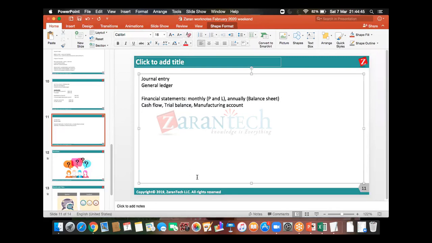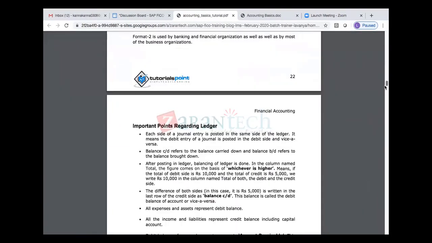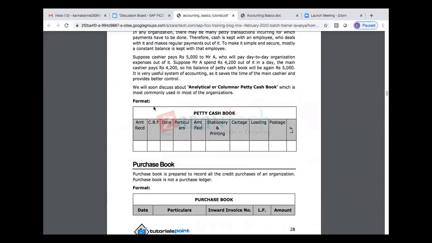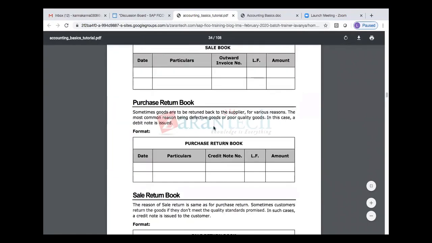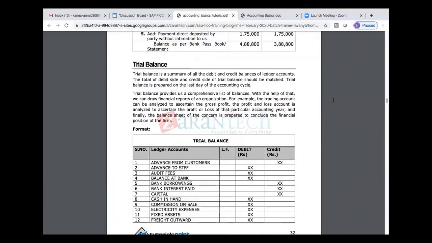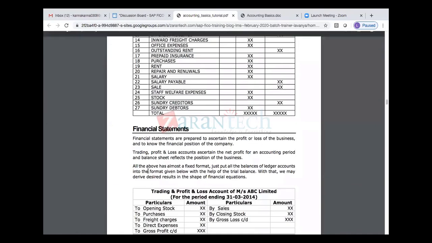Now, how to prepare these profit and loss statements? Here we are showing you the format of the general ledger: all the purchases, all the cash related, all the purchase returns, all the sales. This is about the trial balance and financial statements.